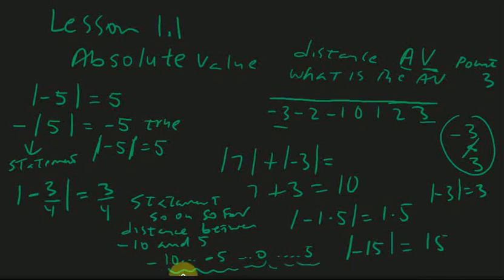A 15, right? From negative 10 to negative 5 is 5 units. You moved 5 units, all the way to 0, another 5 units, all the way to 5, another 5 units. 5, 5, 5. So negative 15 becomes 15 units, which is a positive.